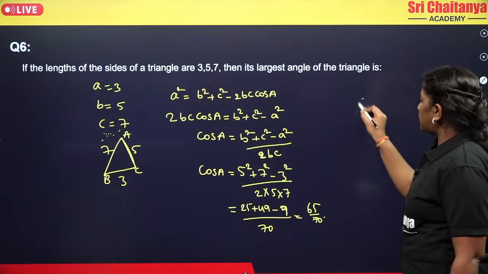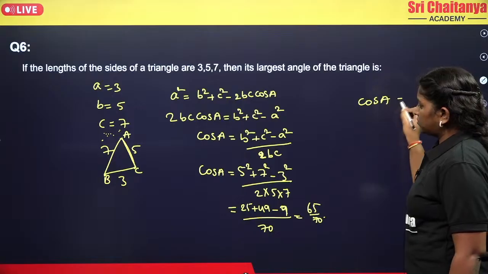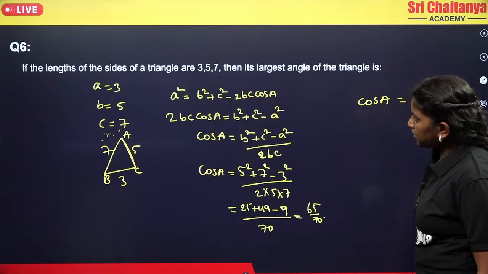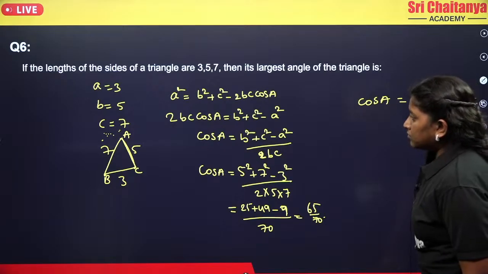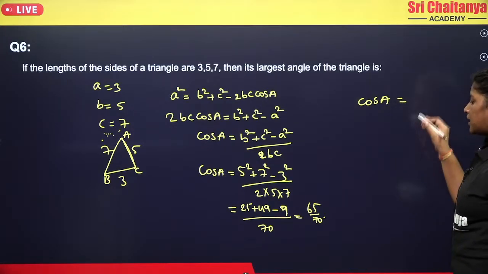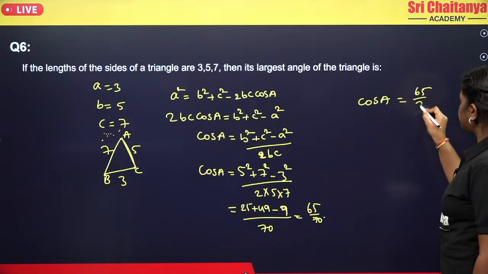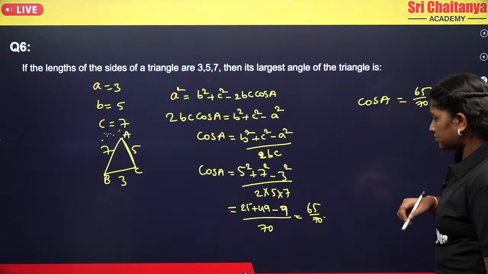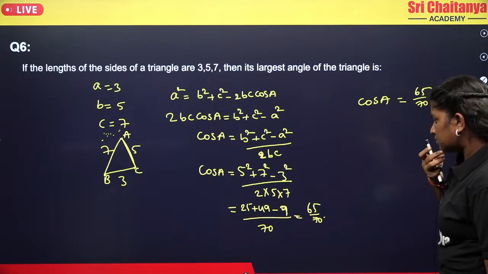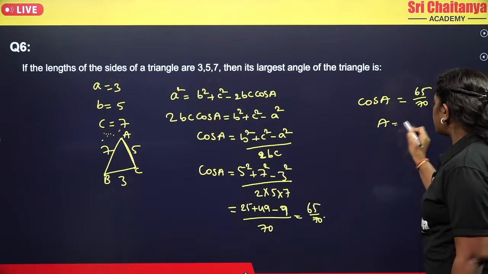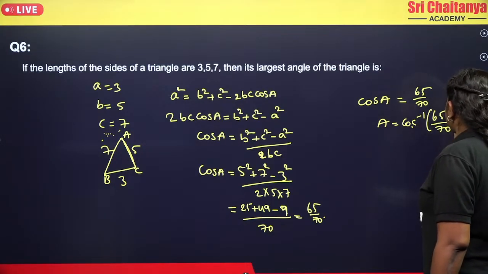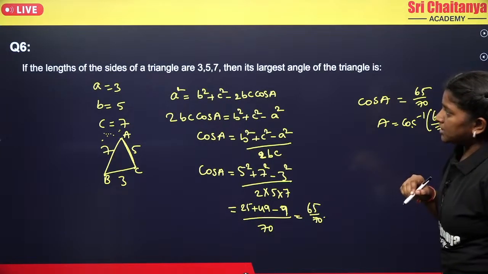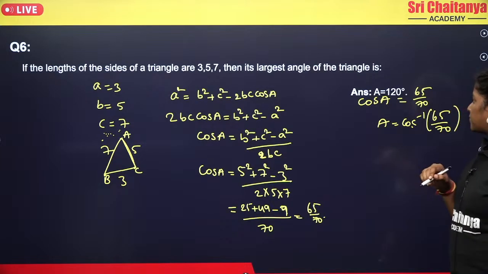So cos A equals 25 plus 49 minus 9, so that becomes 65 by 70. So from there A value will become cos inverse of 65 by 70. Right? Yes.